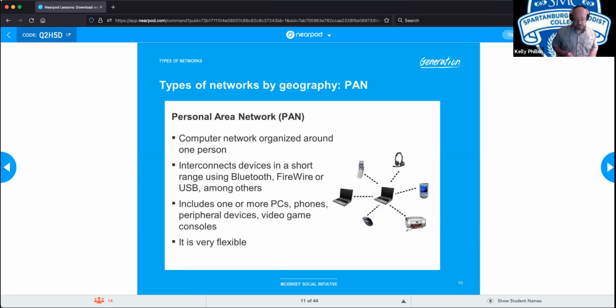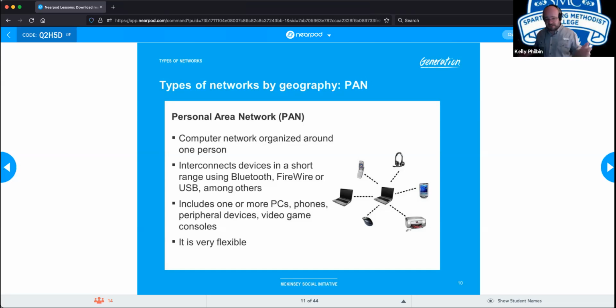On your computer, it might be a Bluetooth keyboard, wireless mouse, headset, microphone, printers, and you may actually have another computer attached to it that you're sharing resources with, but it's basically considered to be within arm's reach. Interconnections tend to be short range. Bluetooth, Firewire, USB are your main connectors for your personal area network.